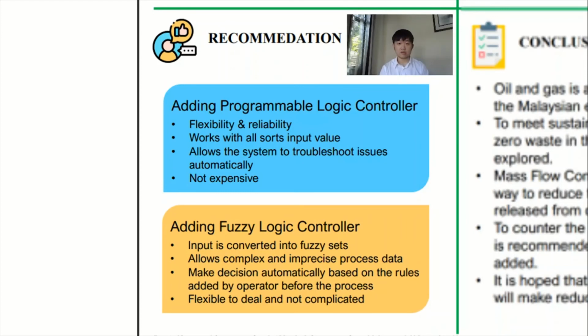This process allows complex and imprecise process data to be considered, as they will be transformed into logics that are easy to interpret. Lastly, the decision-making intelligence in a fuzzy logic controller can produce output and make decisions automatically based on the rules added by the operators before the process, commonly if-then rules. The main advantages of a fuzzy logic controller are that it is flexible in dealing with uncertainties and non-linearities, while at the same time it does not need complicated mathematical modeling.